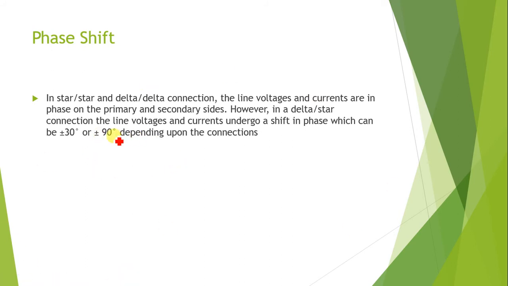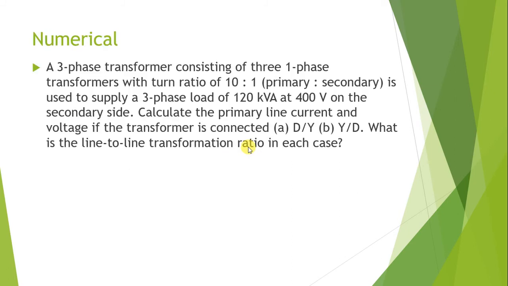In case of star to star, star to delta, or delta to delta connection, line voltages and line currents are in phase on primary and secondary side. However, in case of star to delta or delta to star conversion, there will be a phase shift of 30 or 90 degrees depending upon the type of connections.